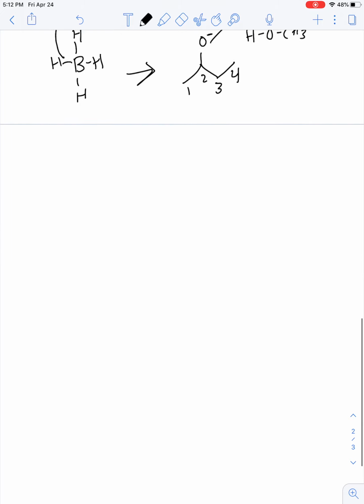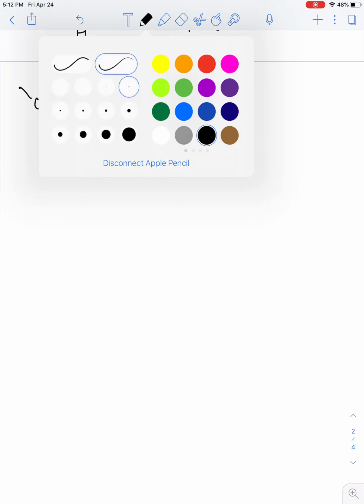Let's look at another example with sodium borohydride. If we have something like this right here, functional groups again are going to be very important. We have sodium borohydride, again in methanol.